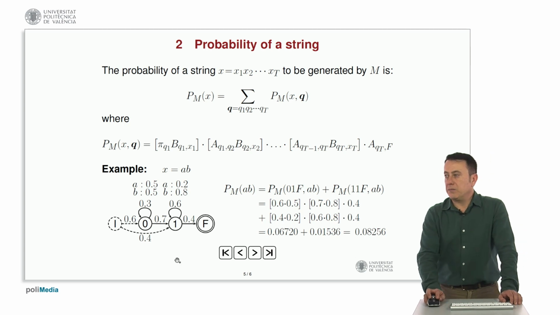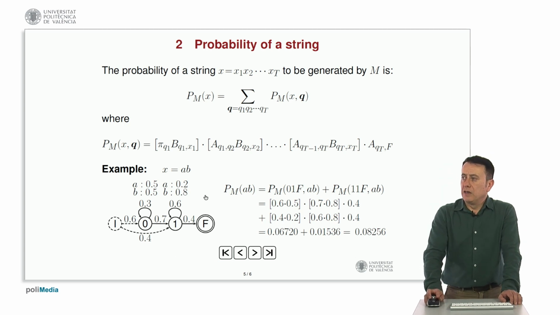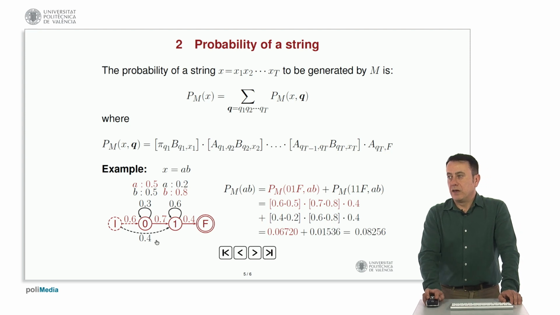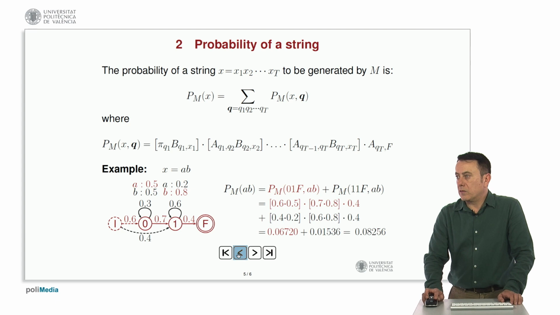So here we have an example. For the HMM we are following in our examples, and the string AB, the probability that M assigns to the string AB is the probability that M assigns to AB following the 0,1,F path plus the probability that it assigns to AB following the 1,1,F path.